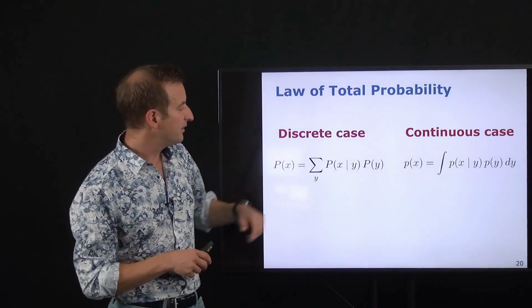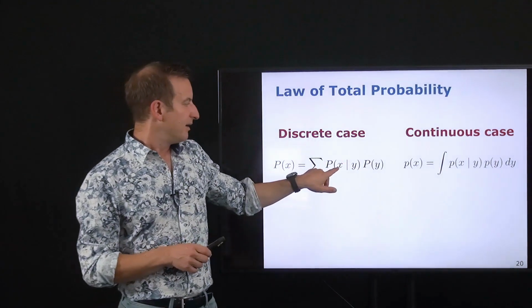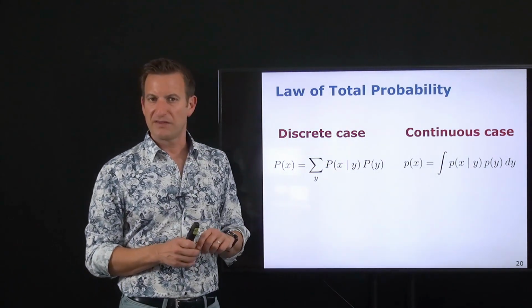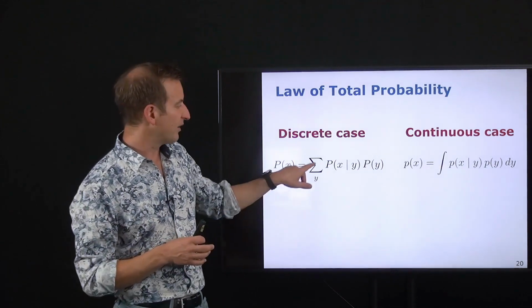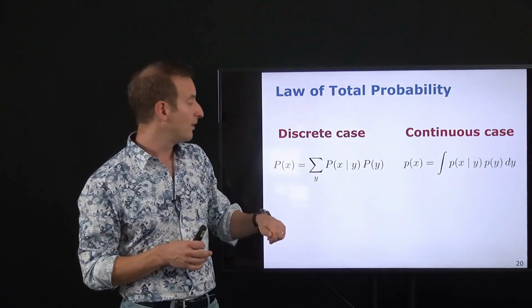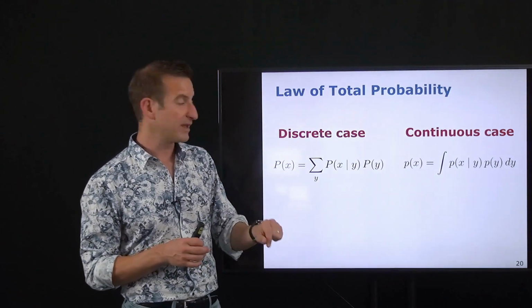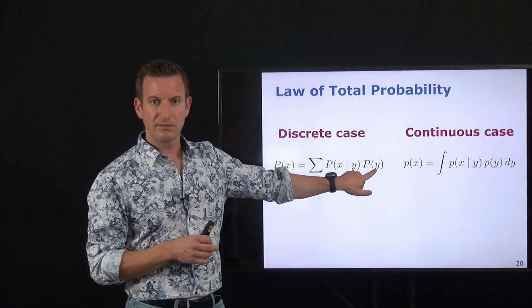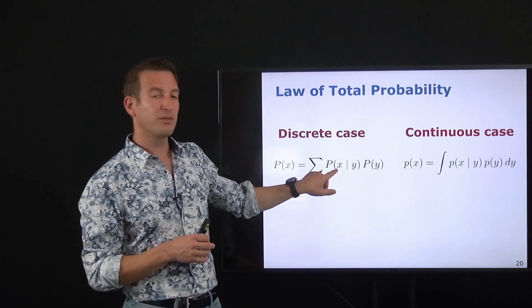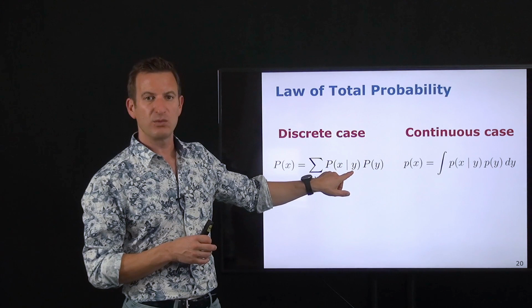Okay, so see it in the following way. Y can take different values. Let's say y can take the values 1, 2, 3, just as an example. So we sum over all those values: we try y equals 1, y equals 2, y equals 3. We ask what the probability is that y actually takes the value 1, and then the probability of x given that y equals 1.